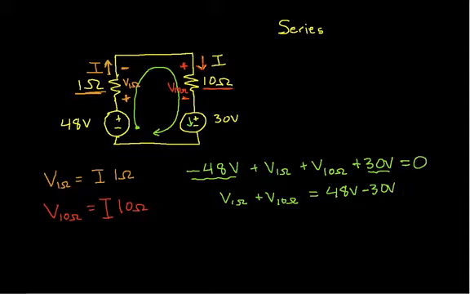Now I can plug in my expression for V1 ohm, which is I times 1 ohm, and my expression for V10 ohms, which is I times 10 ohms, and this other part stays the same.